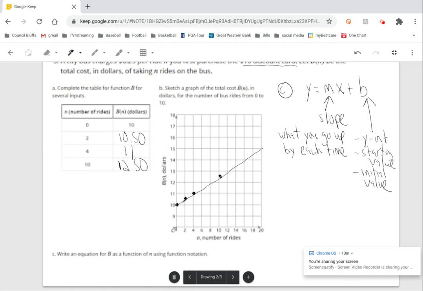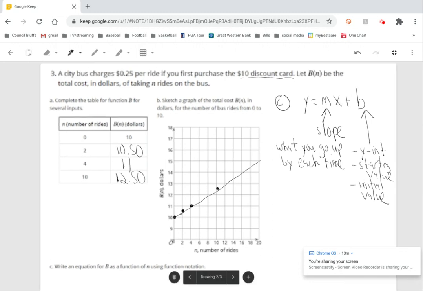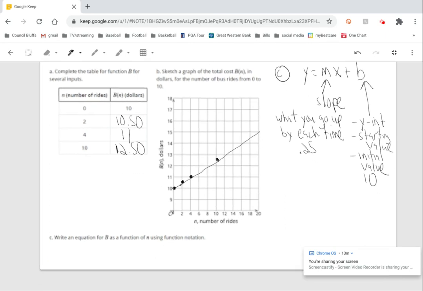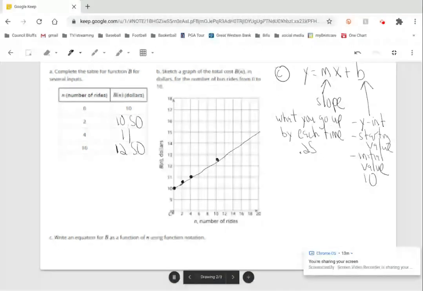If we go back to the problem here, your initial value in this case is the $10 because that's what you lay out initially to buy the discount card. And then the slope in this case is going to be 25 cents, 0.25, because that is what you go up by each time. Each time you take a ride, you pay an additional 25 cents.